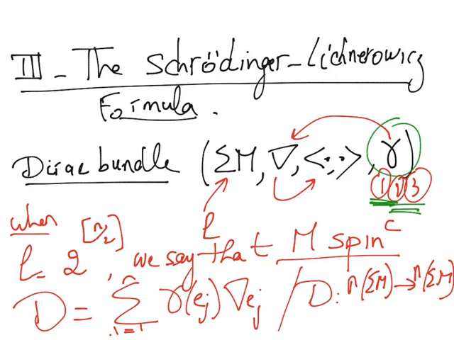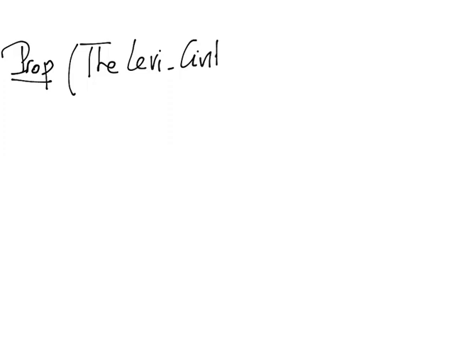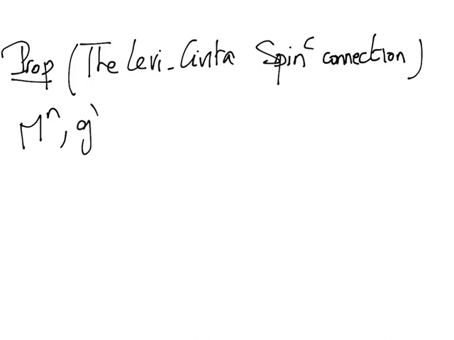So my next proposition is about the Levi-Civita spin C connection. So I have a Riemannian manifold spin C, so automatically you have the good Dirac bundle with rank 2 to the integer part of n over 2, and I can define the Dirac operator for sure.